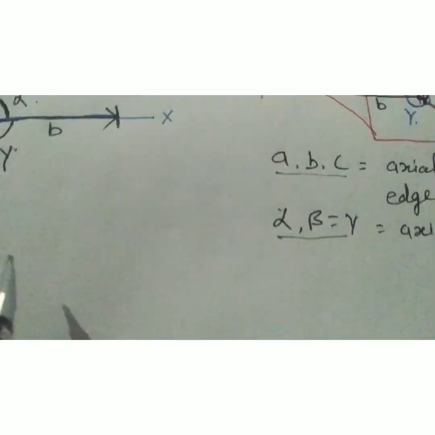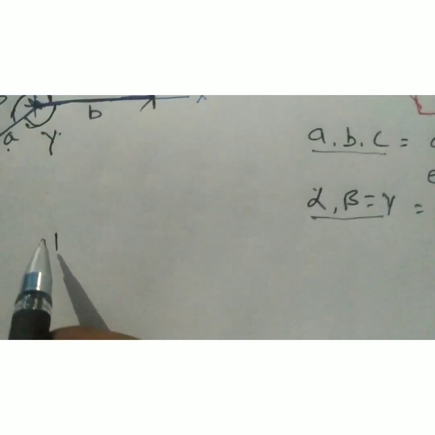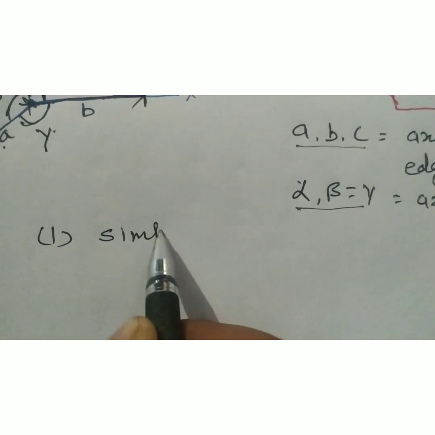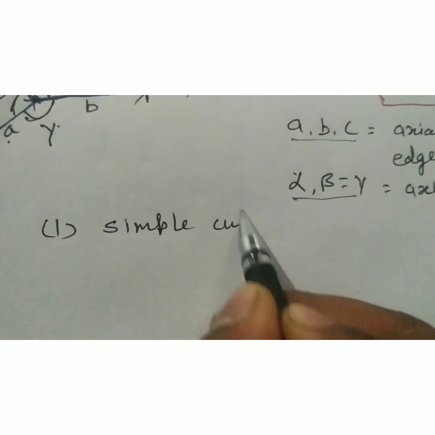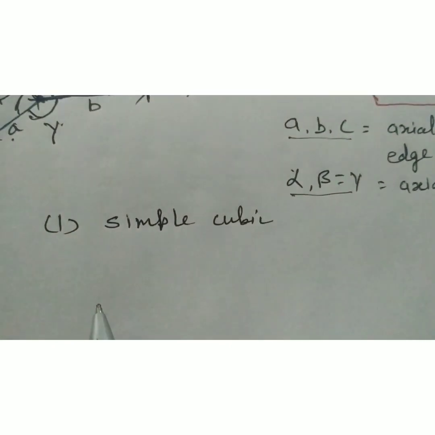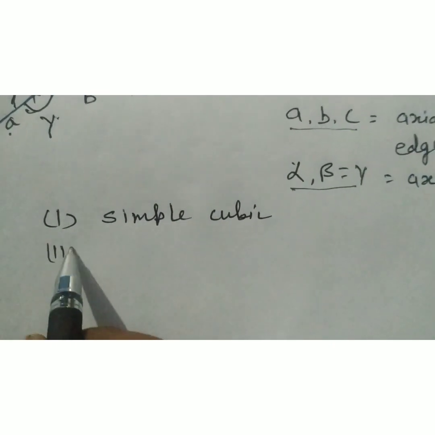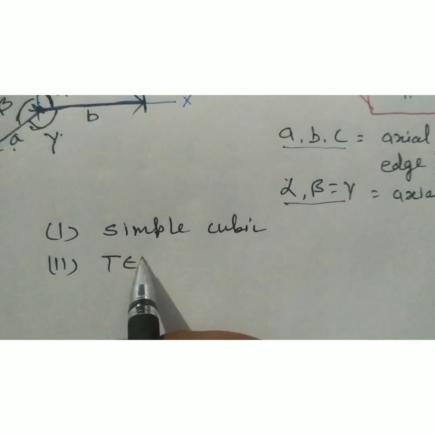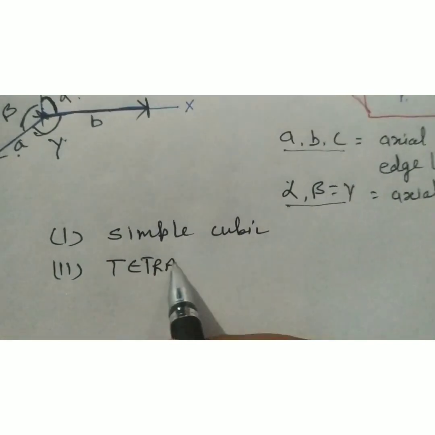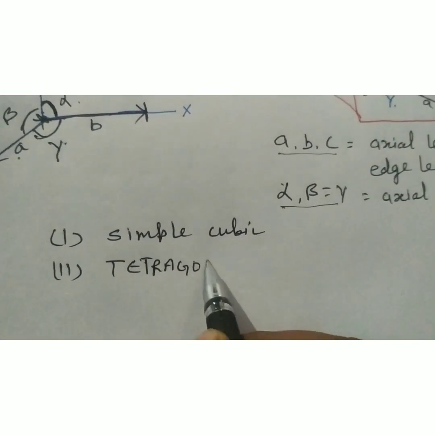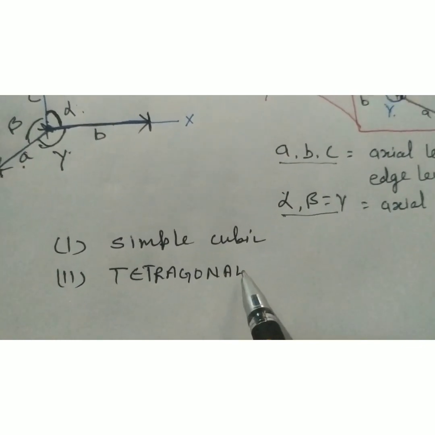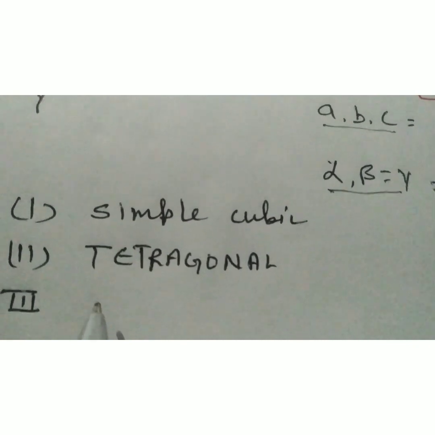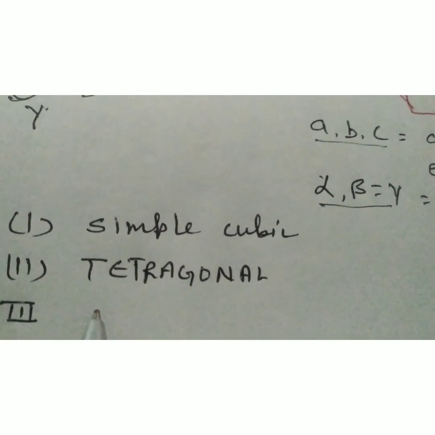Okay? So the first one is simple cubic cell. Clear? Second one is tetragonal. Third one is orthorhombic.